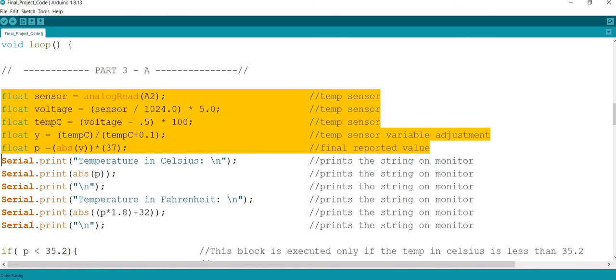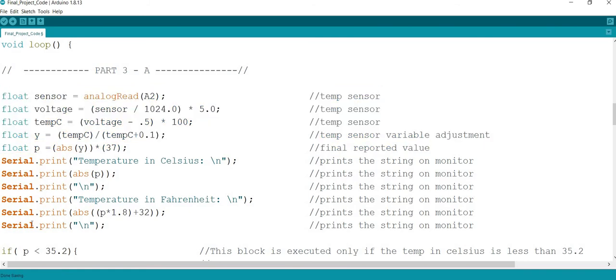So this is all intrinsic within the program. It happens inside of the computer, which we will not be able to see. The only thing that we will be able to see is the one that we have defined in the serial print command. So basically, once it has made the measurement, once the temperature is ready, it will print the command temperature in Celsius.